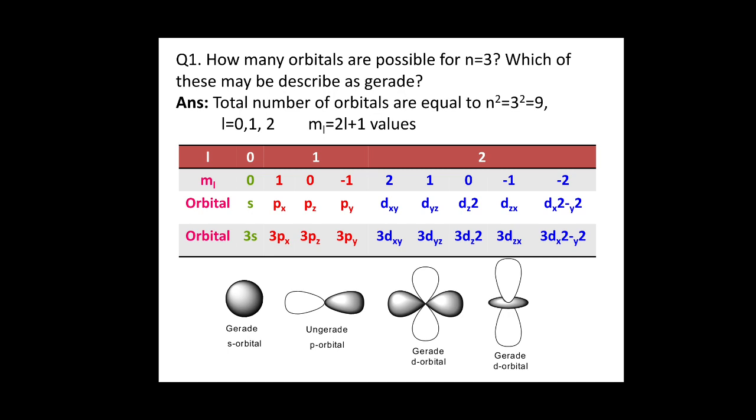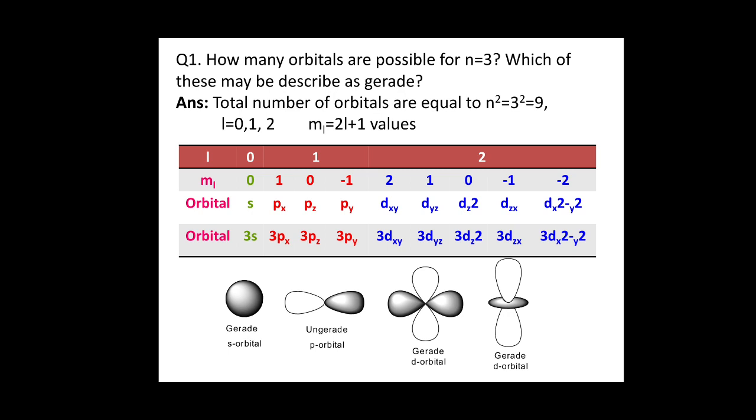For l equal to 1 you have 3 ml values: 1, 0 and minus 1. Similarly for l equal to 2 you have 5 ml values: 2, 1, 0, minus 1, minus 2.